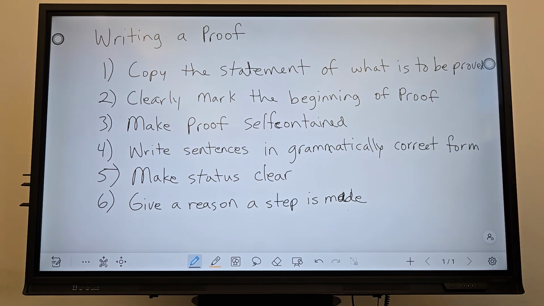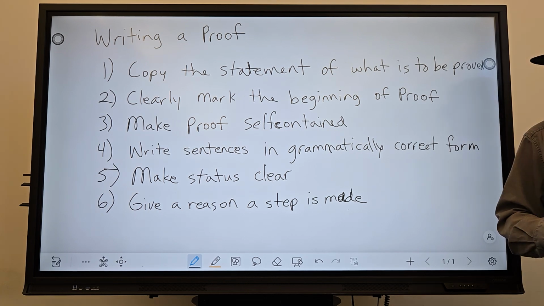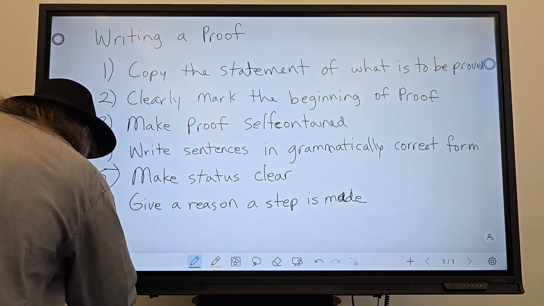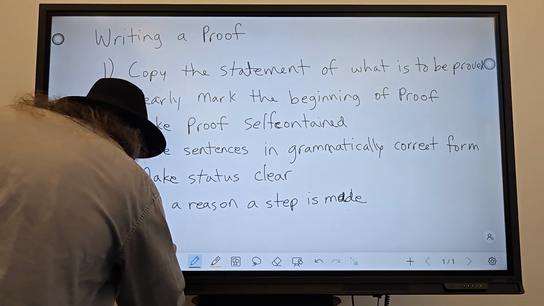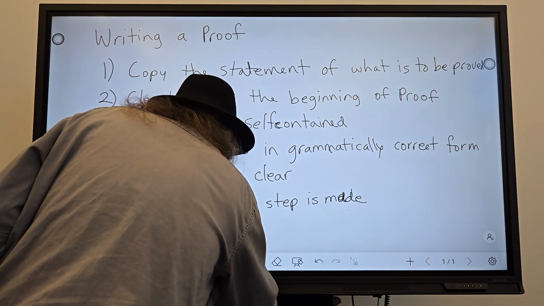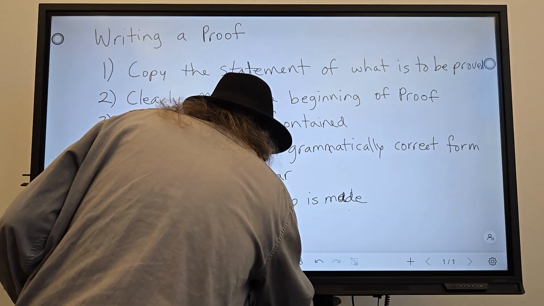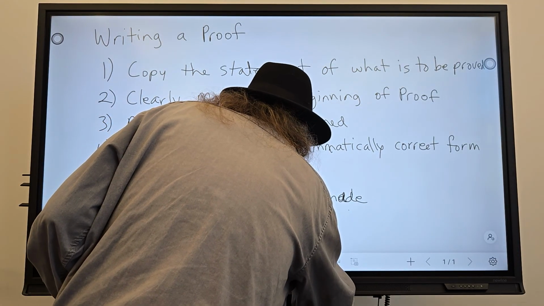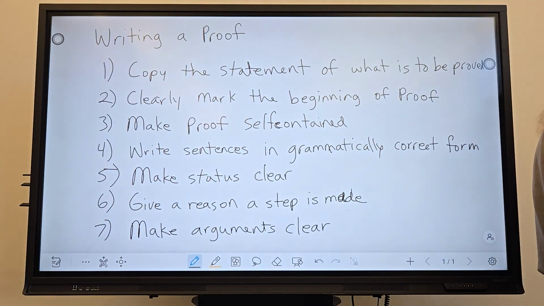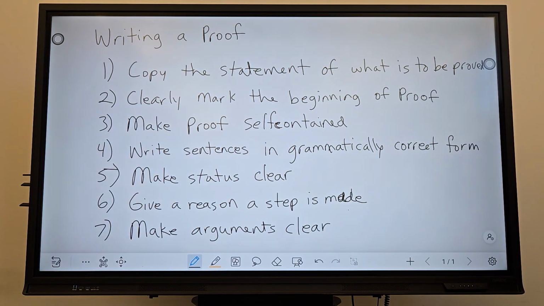Include little words and phrases that make the logic of your arguments clear. Make arguments clear. When writing a mathematical argument, especially a proof, indicate how each sentence is related to the previous one.